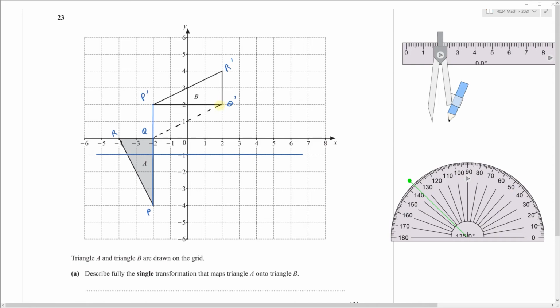Now to find the line bisector, let's use a compass this time because this is not as straightforward as P and P prime. To find the perpendicular line bisector, I'll open up my compass more than half the length of Q and Q prime, and then draw two arcs on either side of the line.